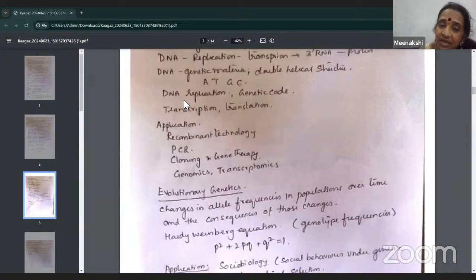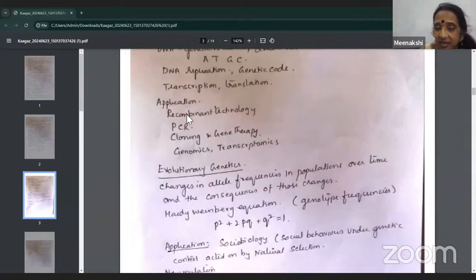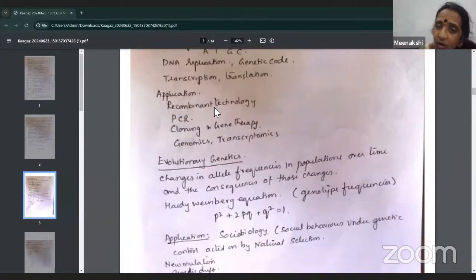Then what is the application of molecular genetics? It gives us recombinant DNA technology, PCR, cloning, gene therapy.